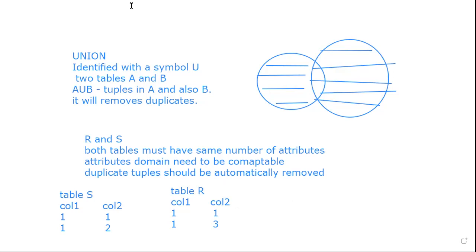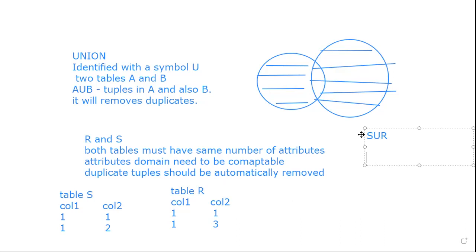Then what is the output? That is R union S, or rather, I will take S union R. What is S union R here? As we said, it will display the values of both tables, but it will remove the duplicates.